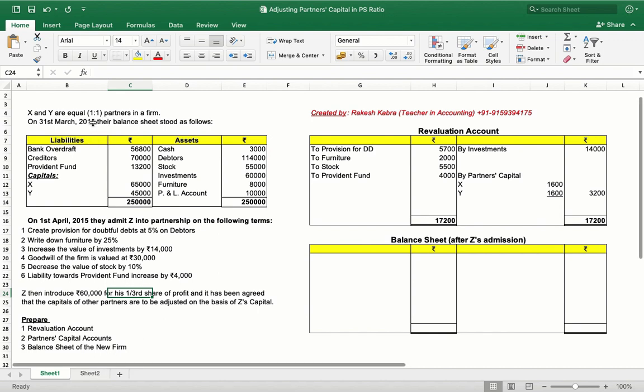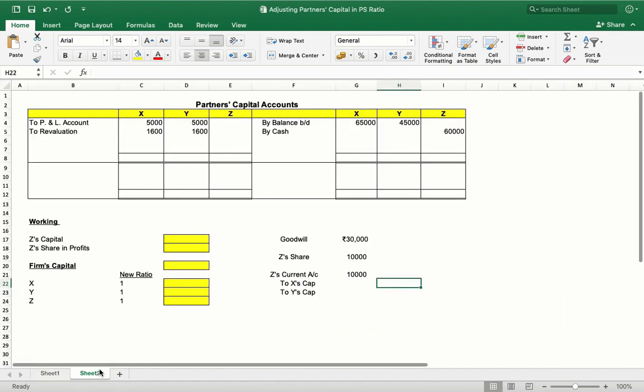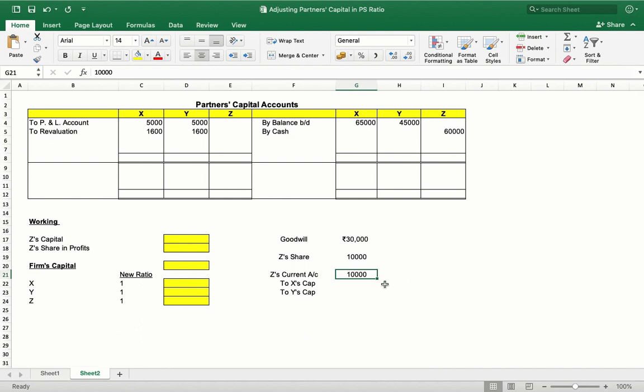So therefore the sacrifice ratio will be 1:1. So this 10,000 we will allocate in the sacrifice ratio, that is 1:1. So the balance of X's capital will increase by 5,000 and the balance of Y's capital also will increase by 5,000. Now let's see the posting of this entry.